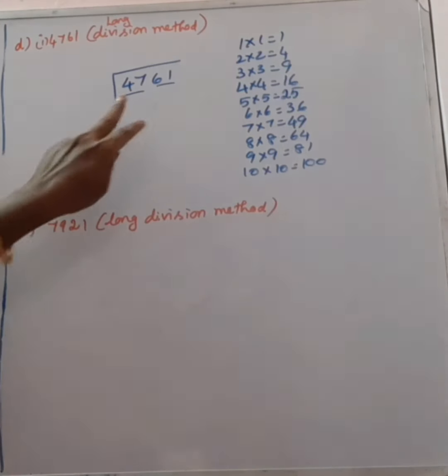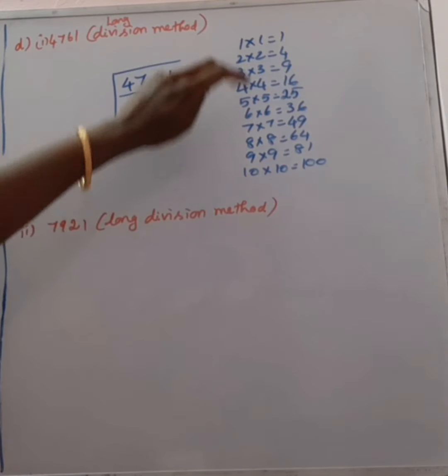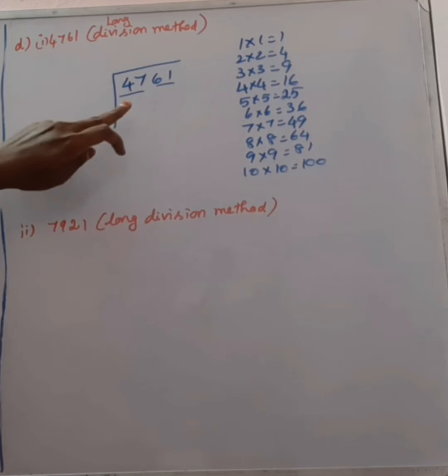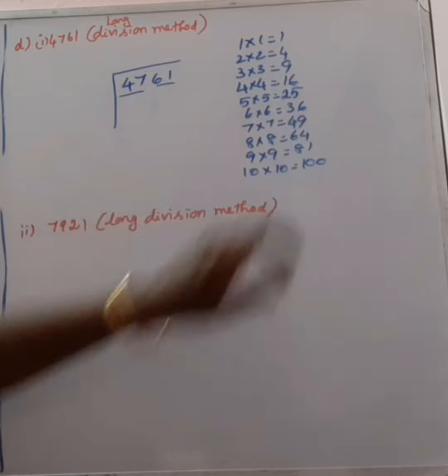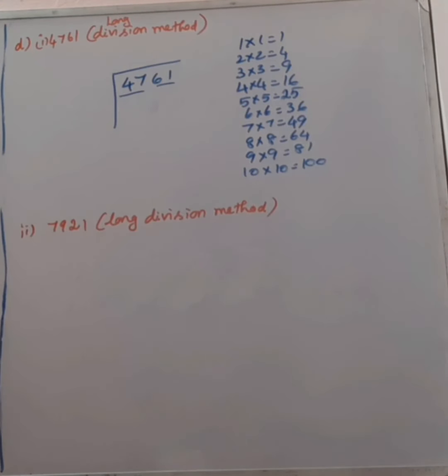Okay. Now 47. If we have 47 in the answers, or which one is below 47? 36, isn't it? So 36 is below 47. Am I right? Because 47 is not here.